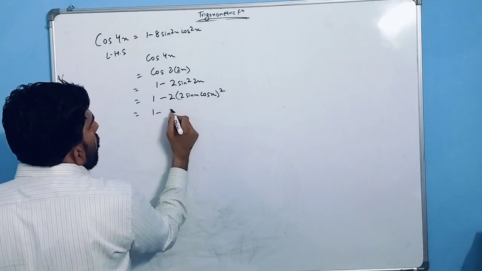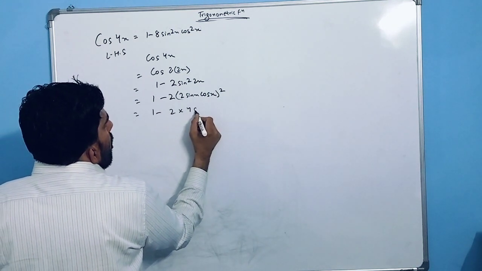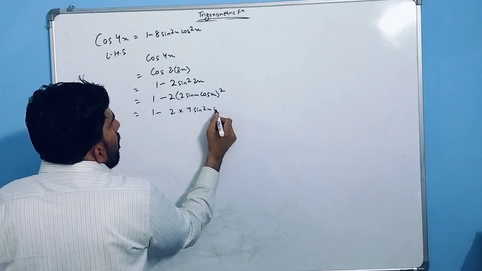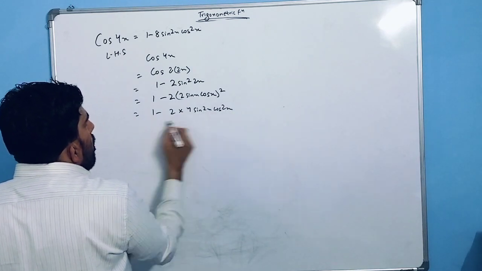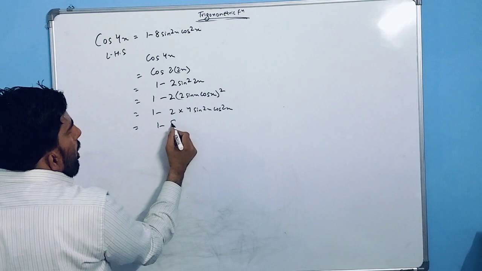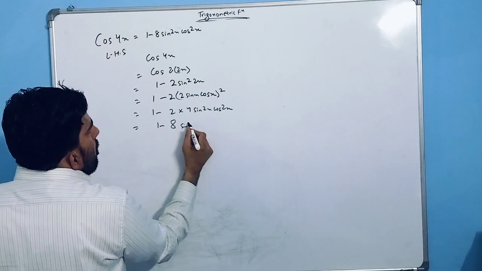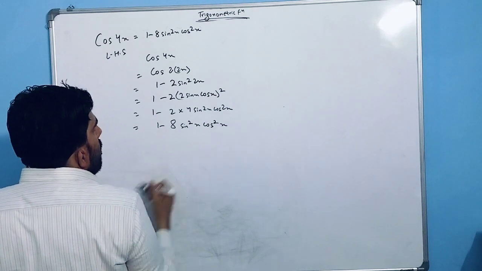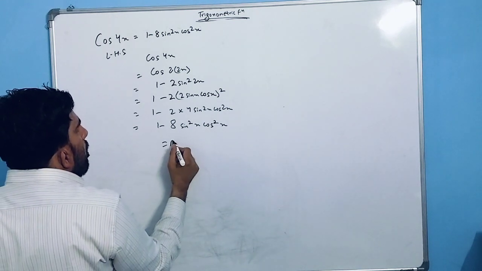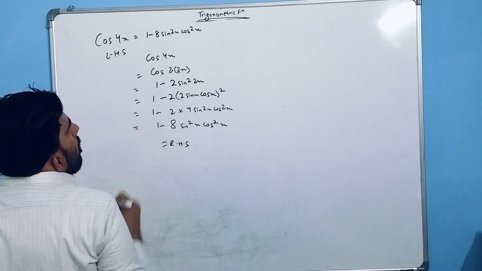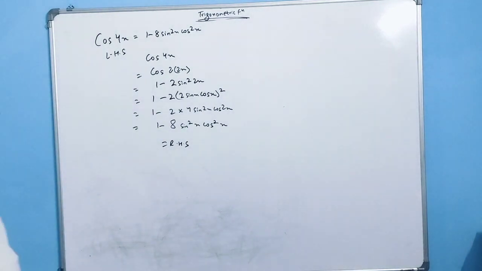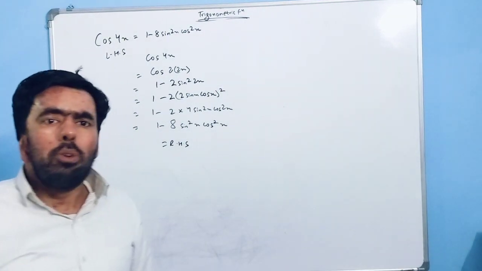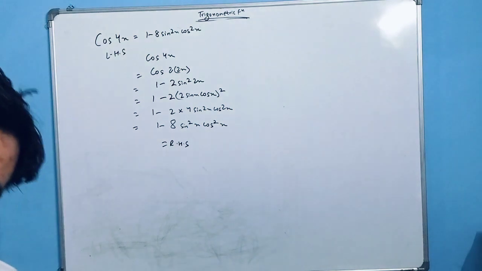So I got 1 minus 2 into 4 sin square x cos square x. So 4 into 2 is 8 sin square x cos square x, which is our required RHS. So we can see how we can solve such kind of numericals.